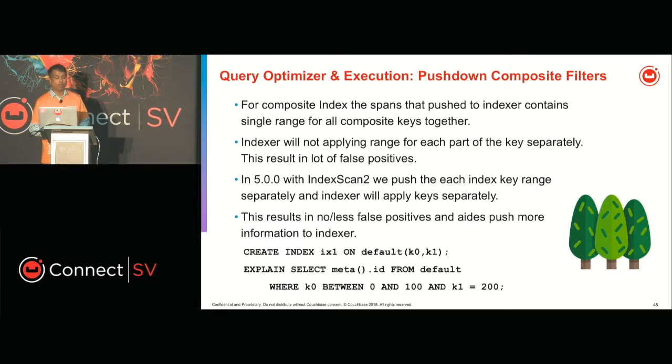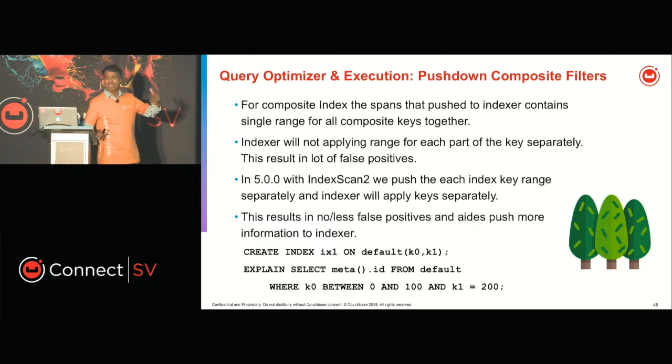We have made the query faster because previously, when you had multiple ranges over multiple composite keys, the index would apply them separately, and we would get a lot of false positives which we had to filter. There is one philosophy in query optimizers that has worked for the last 40 years.